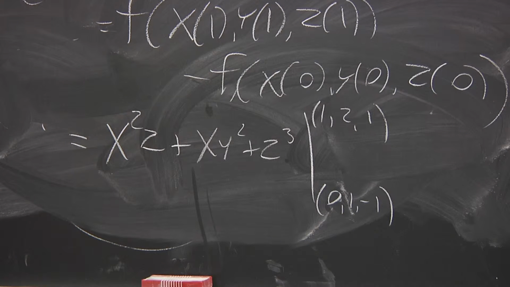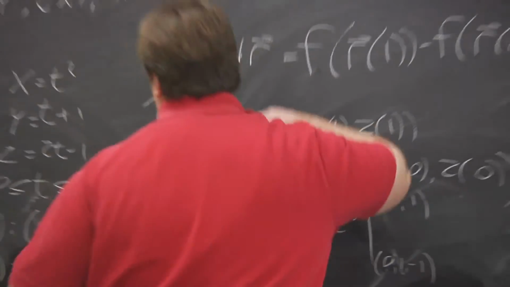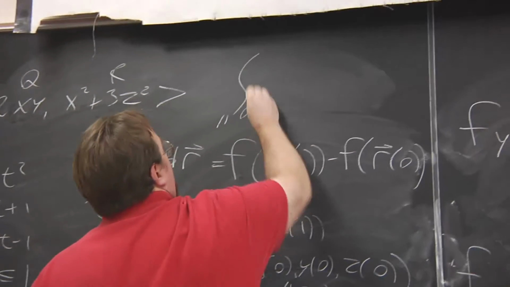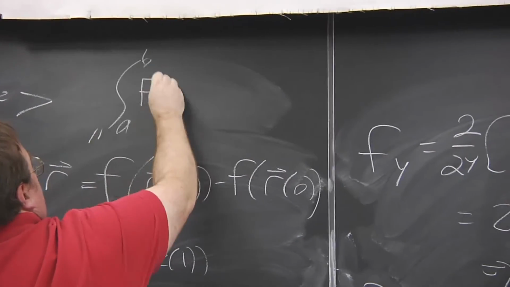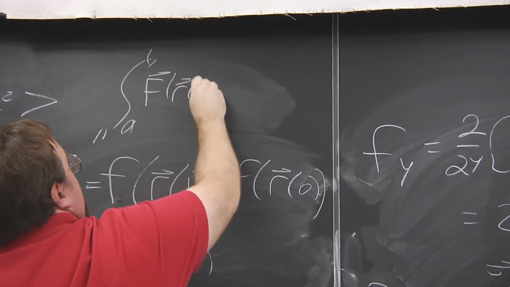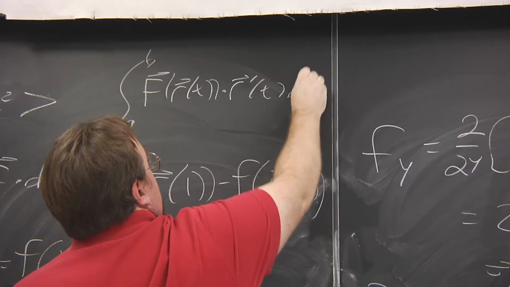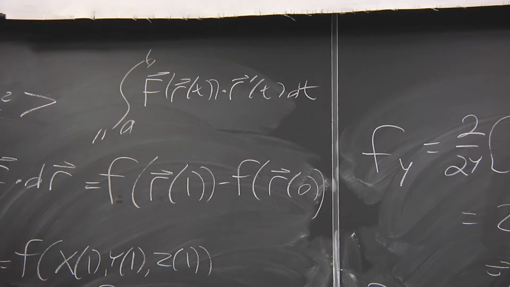What happens if it's not conservative? In this case, unfortunately, if you're given a parameterization of a curve, you have to fall back on the more direct way of evaluating this. You just have to grind this out directly, like we did before.